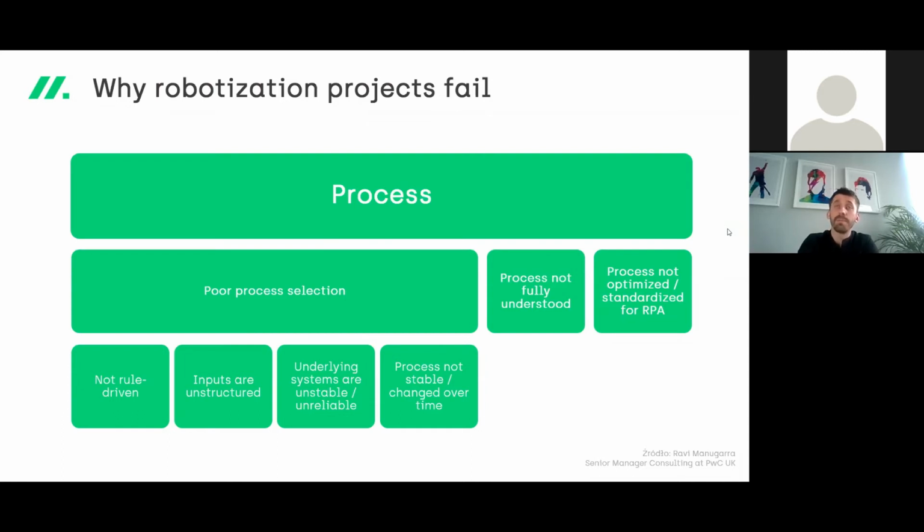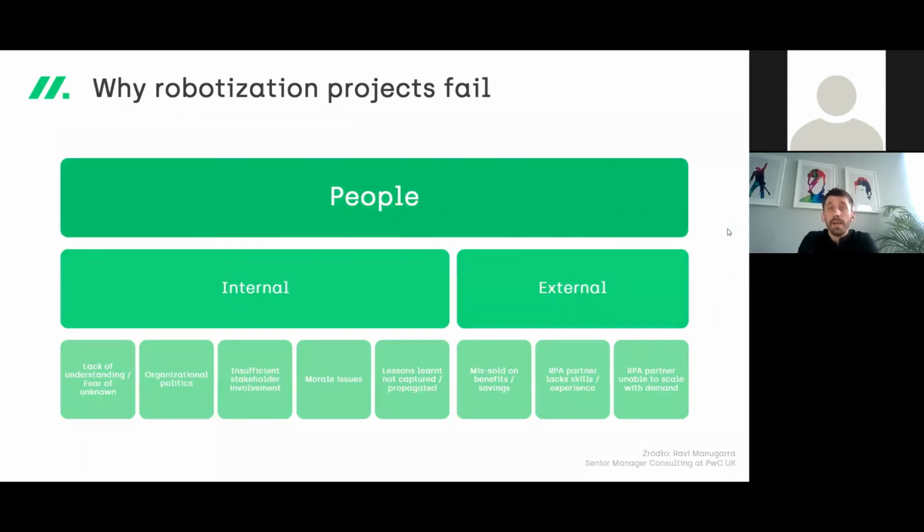Then we can pick for the automatization processes which we don't fully understand, or processes which are not well optimized or standardized for robotization.